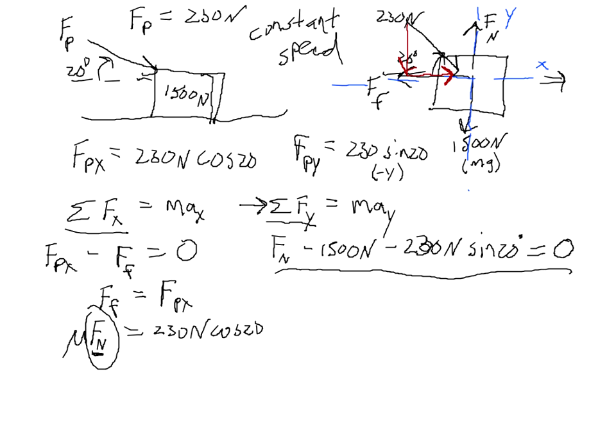So we're going to have the pull this way, still at an angle of 20 degrees. And we no longer have the push down. So we'll get rid of that force in our free body diagram. But everything else in the free body diagram stays the same.